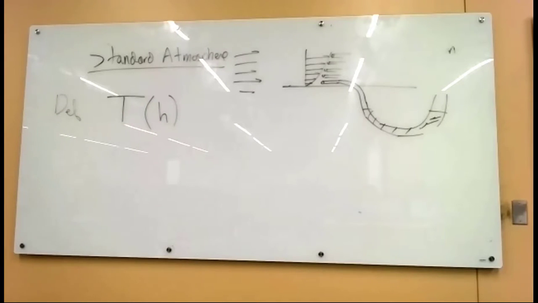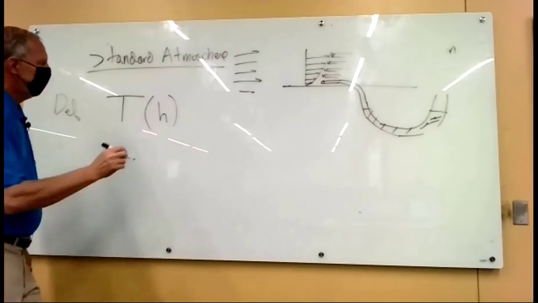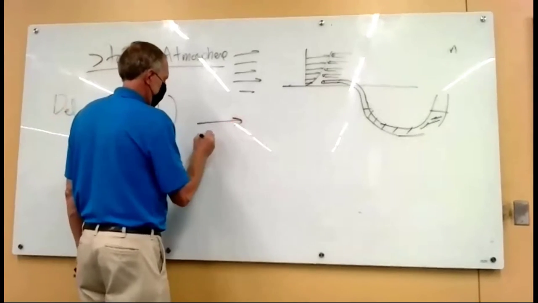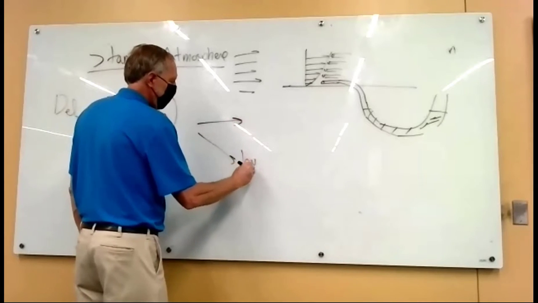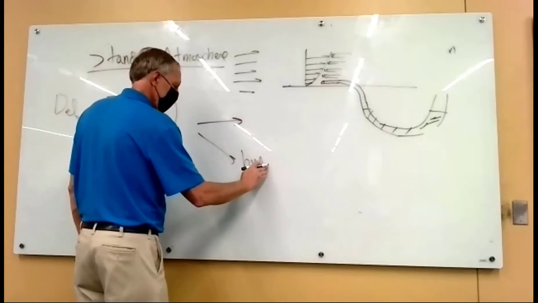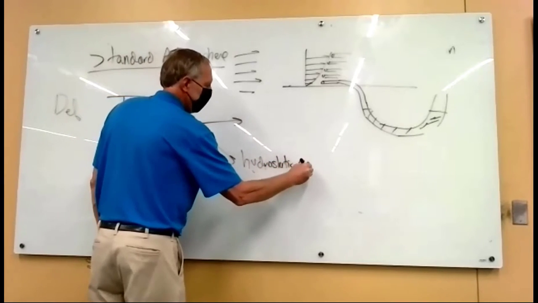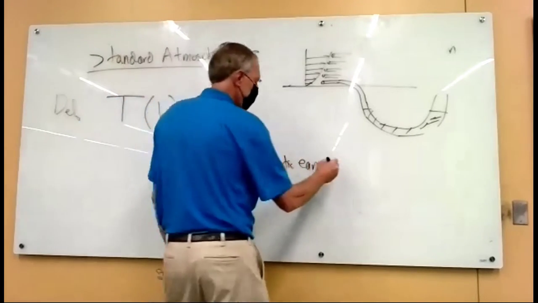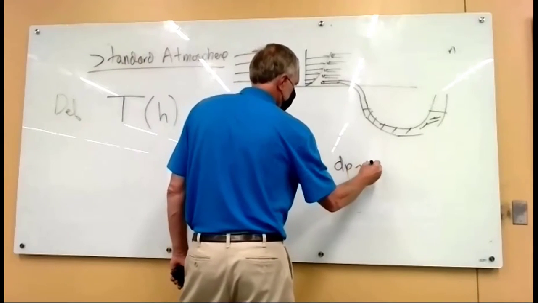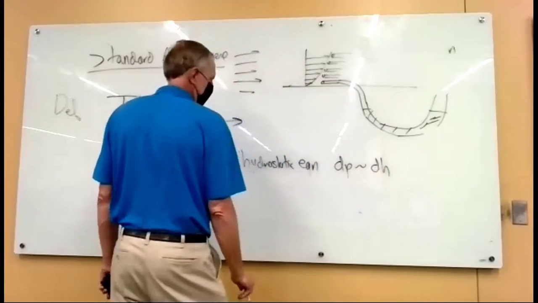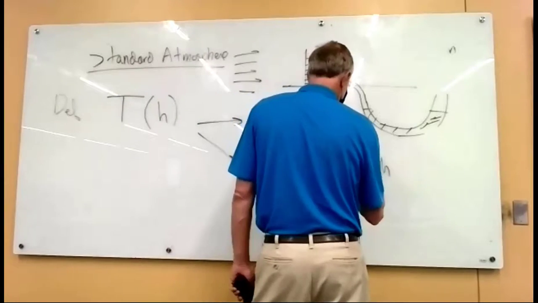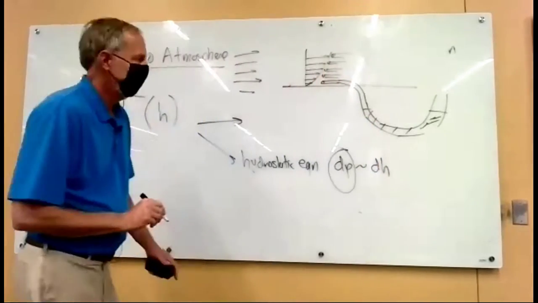Because you put a thermometer on a balloon and you send it up and it records the temperature as it goes up, then the balloon bursts and comes back down. And you can get this. And then from temperature, and then the hydrostatic equation, that's the equation we did last time that tells how dP is related to dH, then you can get pressure from that related to altitude.